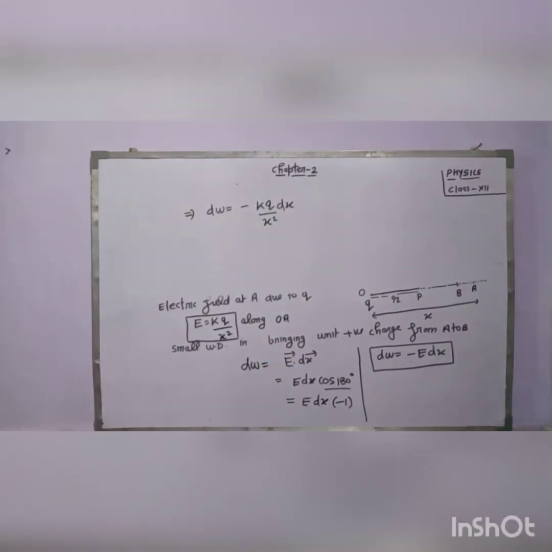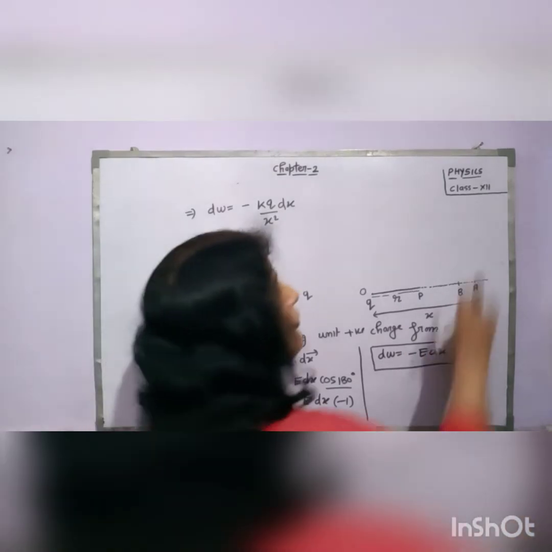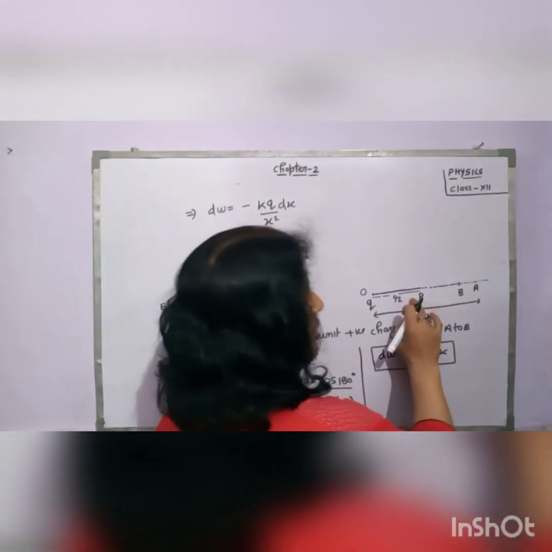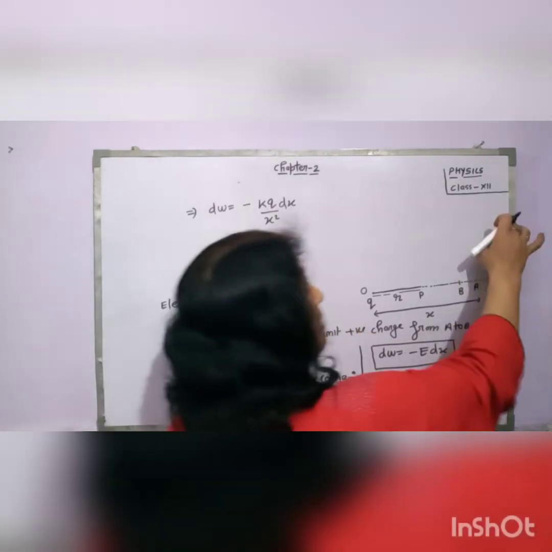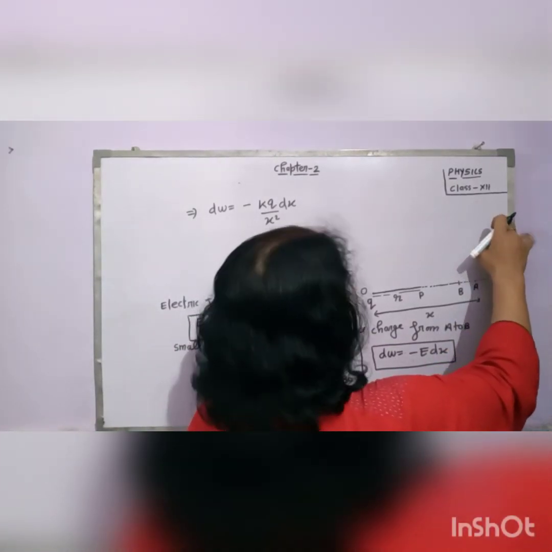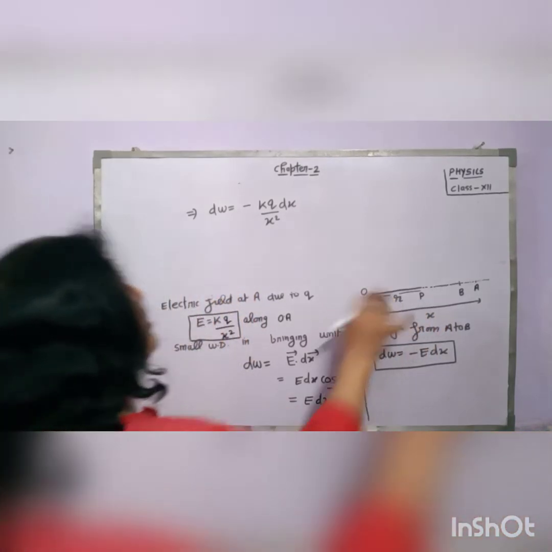Now we have to determine the total work done. As per the definition of the potential, the unit positive charge is brought from infinity to this point. Then what are the limits of the integration? The initial position means x is equal to infinity and the final position means x is equal to r.